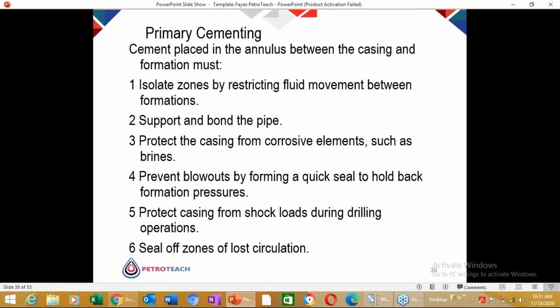First, cement isolates zones by restricting flow or movement between formations, supports and bonds the pipe, protects the casing from corrosive elements such as brine, prevents blowout by forming a quick seal to hold back formation pressure, protects the casing from shock loads during drilling operation, and seals off zones of lost circulation.